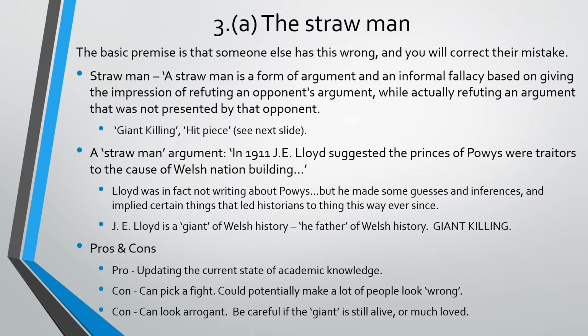We're giving the impression that we are correcting some existing mistake in our knowledge. But it's a very specific term, straw man, because effectively we're dealing with a fallacy where the argument we're refuting wasn't really directly made by that opponent.